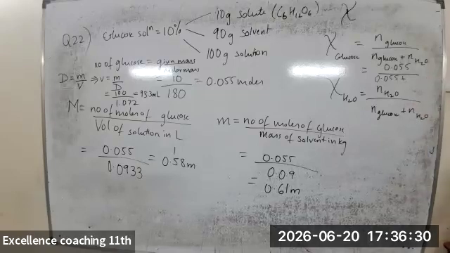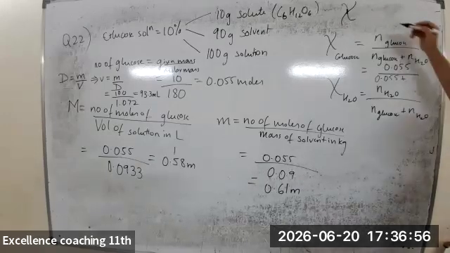For mole fraction, think properly. You are telling me the answer. Yeah, number of moles of water is 5. But how will I calculate? I'm asking. You're right, 5. So how will I do it?